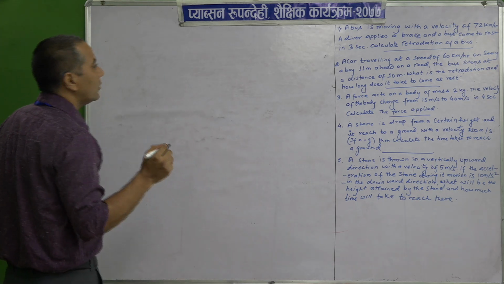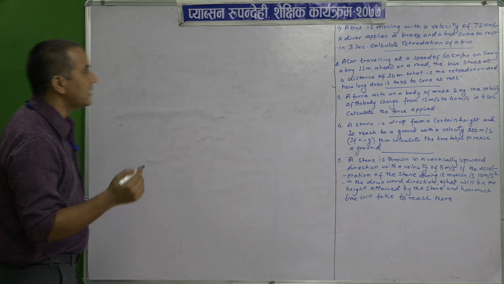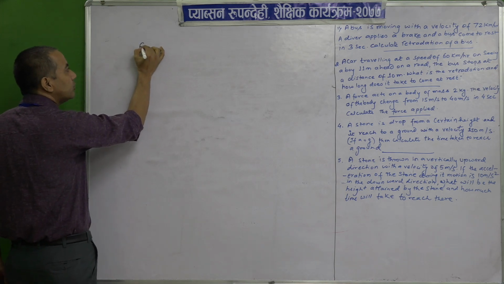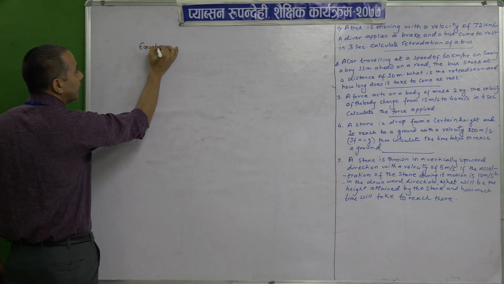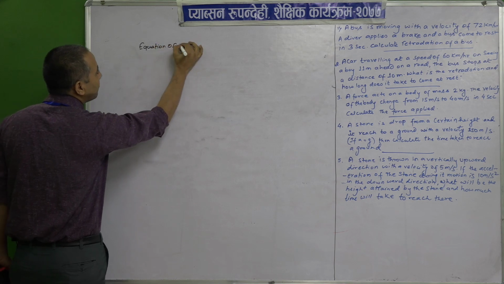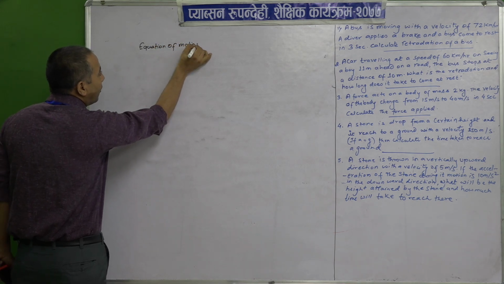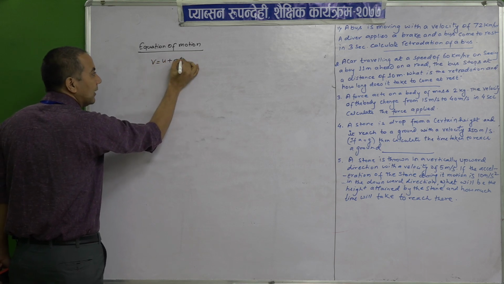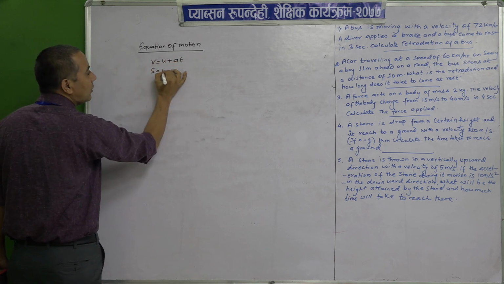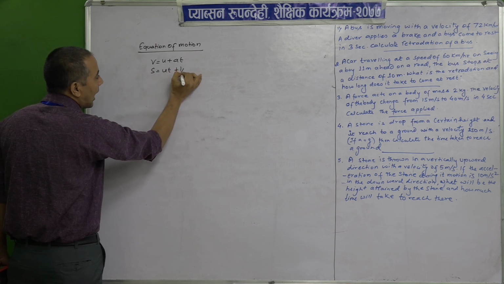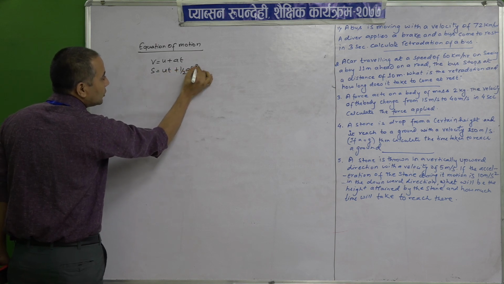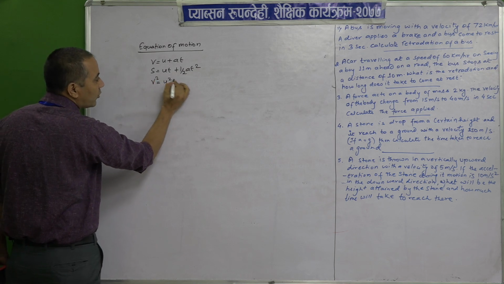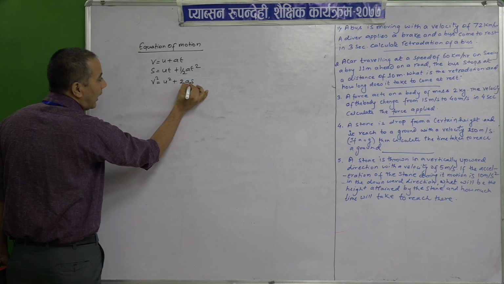So, what formulas have we studied in this chapter? We have studied the equations of motion: v equals u plus at, s equals ut plus half at square, and v square equals u square plus 2as.